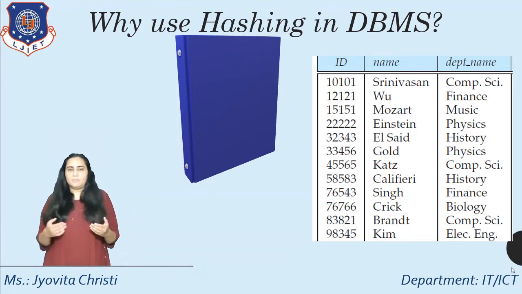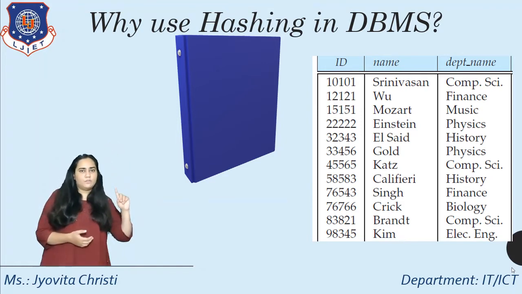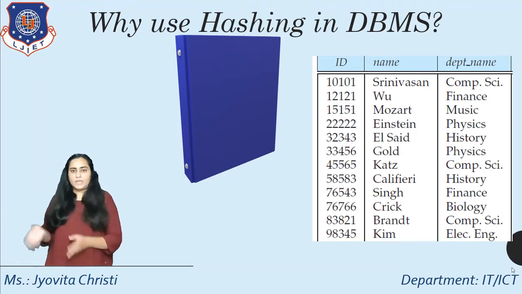Hashed indices are much faster to access than a simple index, because in a simple index, you have to start from the first record and go 1, 2, 3, 4. You keep on moving till you find the record that you're looking for. But if you had a hashed index, you just apply a function to the value that you have to search, and then you get a key which is like an address in the index.